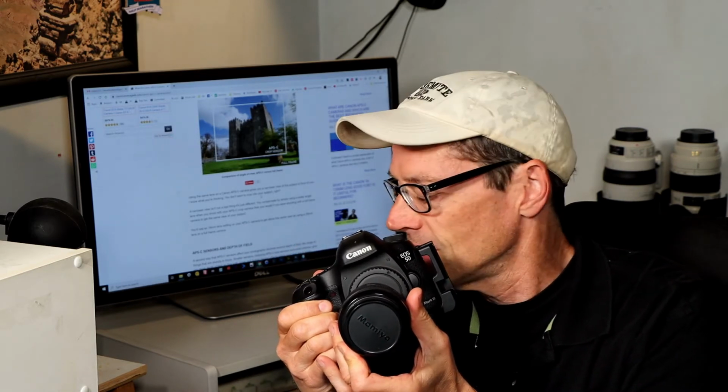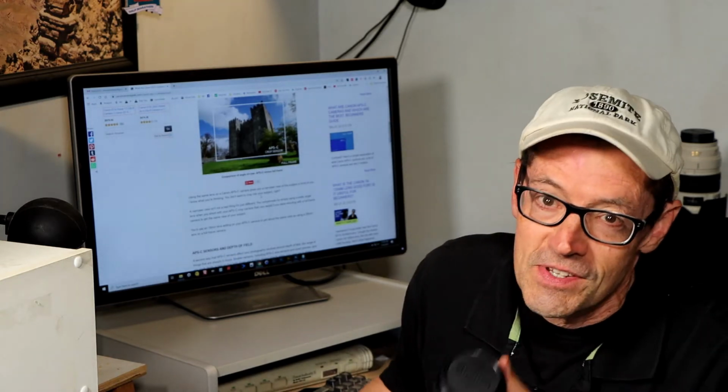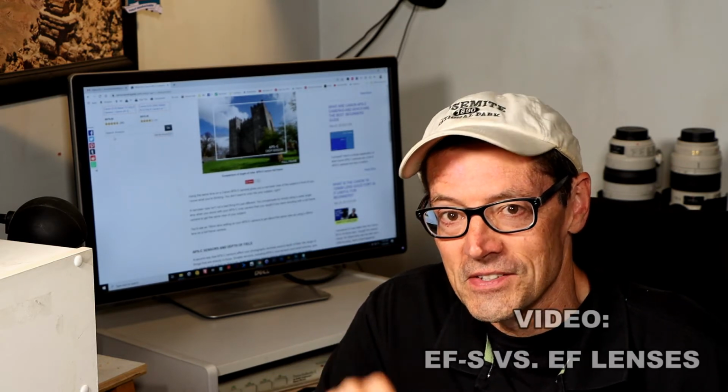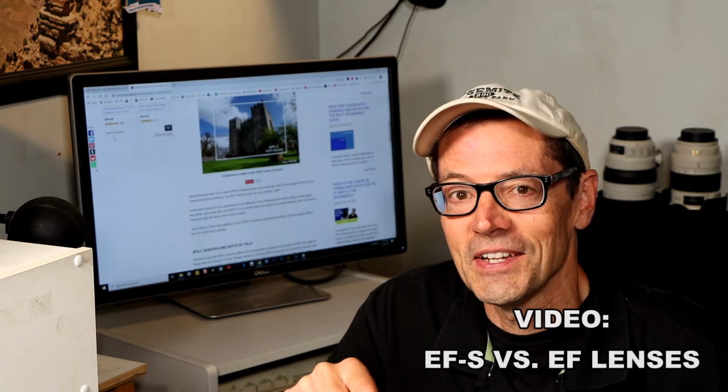However, if we put the same lens on a Canon APS-C camera, like the 70D, the angle of view is narrower, and it gives you the same view as a 136mm lens. Now, to get a better understanding of how EF versus EF-S lenses fit on APS-C cameras, there's another video you could watch, and the link to that video is in the description box below this video.